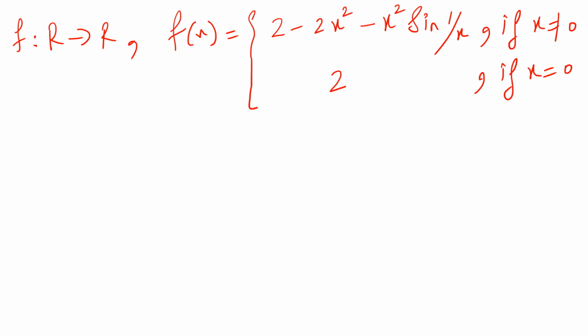Now in the first option, we have to check the differentiability of f of x at x equal to 0. But before that, we will check the continuity of f of x at x equal to 0.